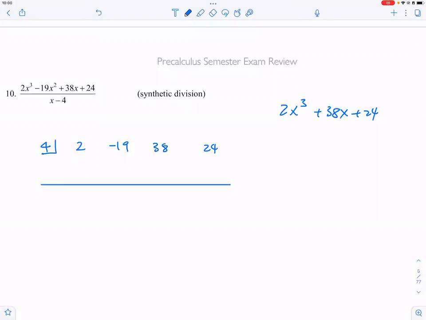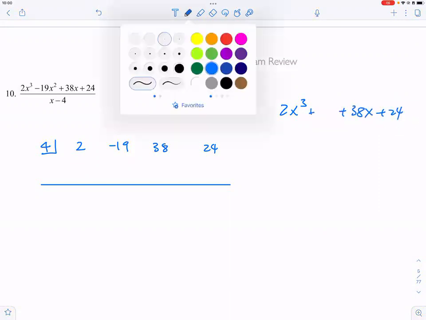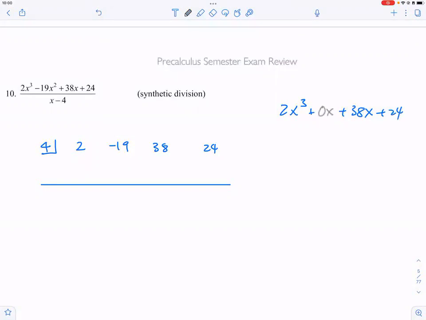And what happens when the x squared term is missing? You have to put in a filler term, so 0x squared, if that's the case. Not in this problem, but if there's a missing term, make sure you put a filler term inside. If you don't, it is going to mess up.